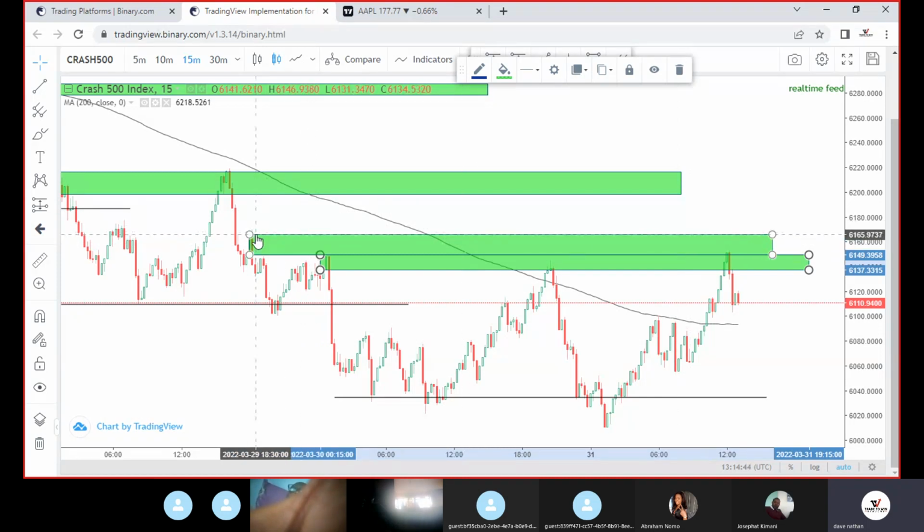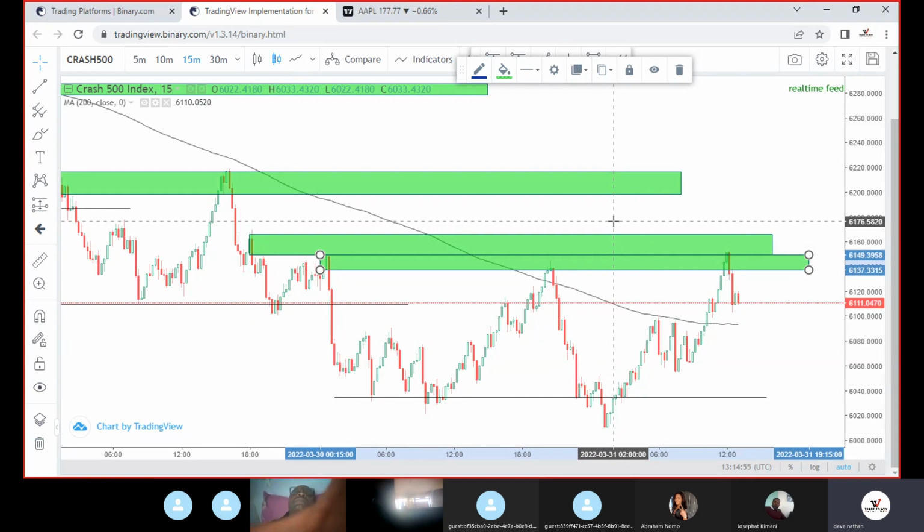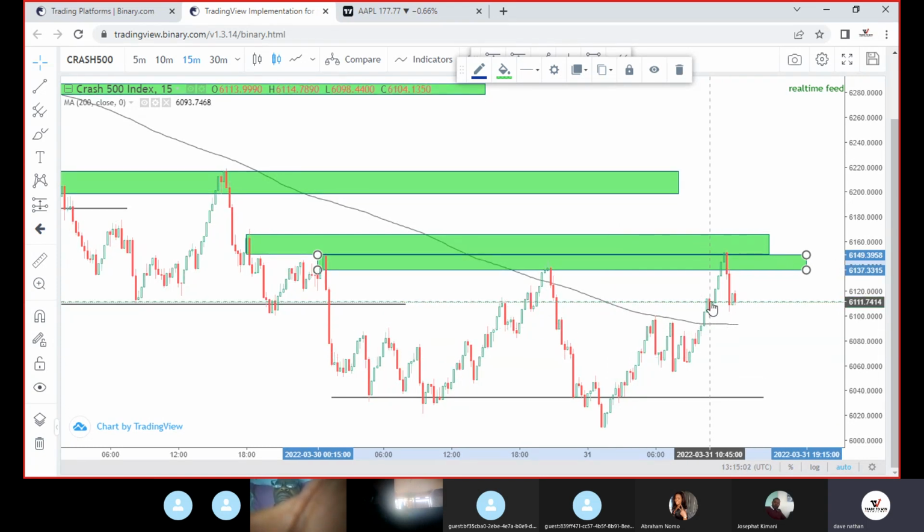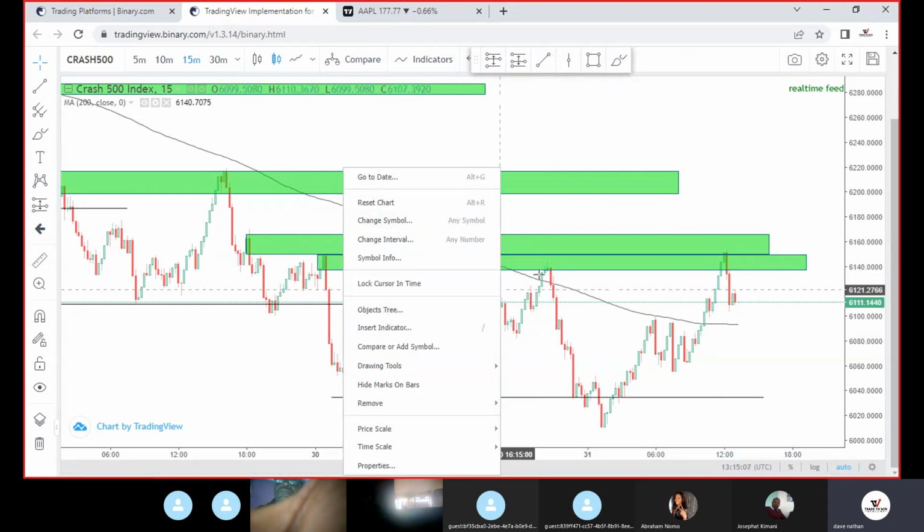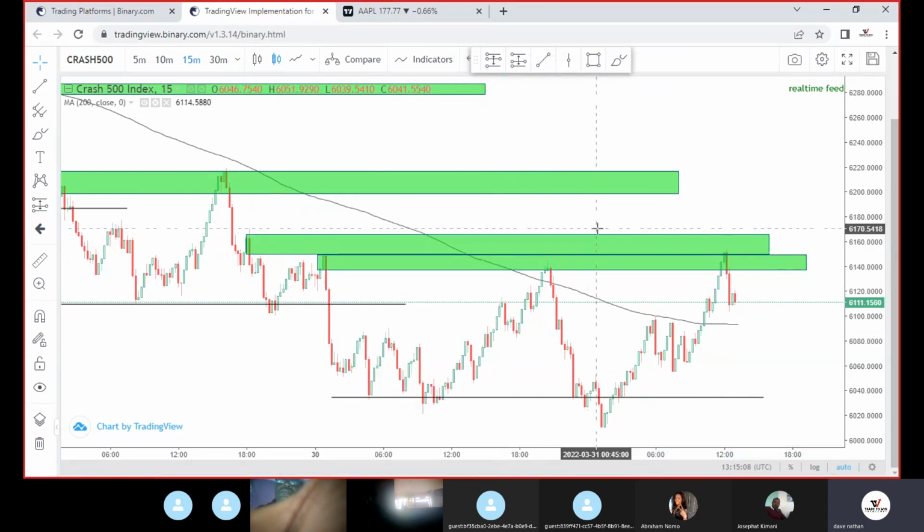Unknown to me, this level which we have here, price has not actually come to it. If not, we would have had probably 2 pending orders, or adjusted our stop loss, or used the add position strategy to enjoy this trade. Notwithstanding, we can see price going above the moving average and signifying a potential change in trend. But the basic thing is, until these levels get broken, we are still on a downtrend on Crash 500.